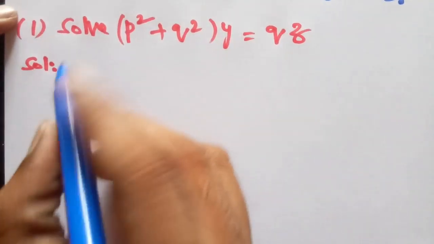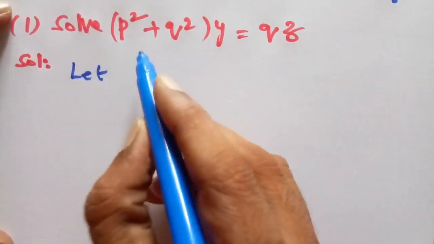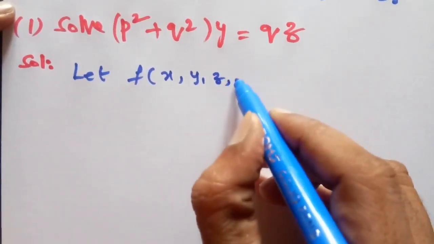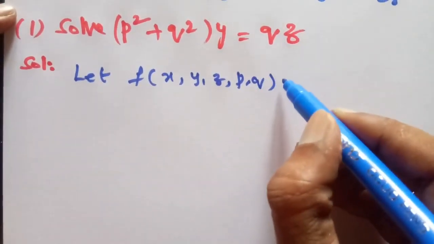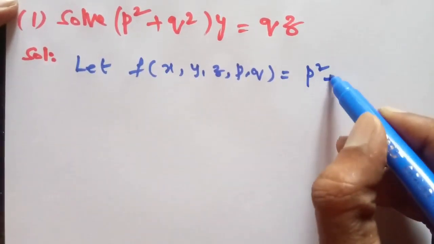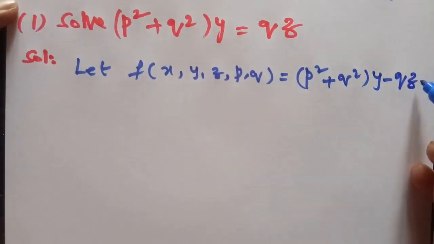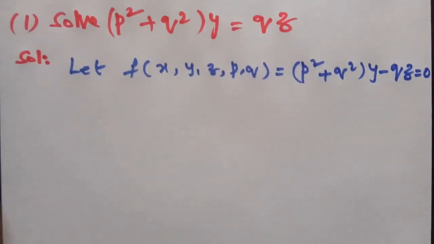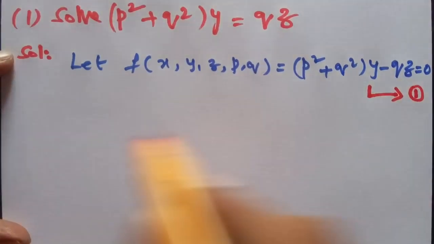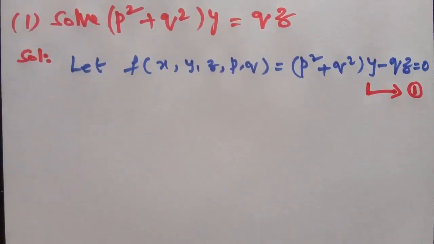Let f of x, y, z, p, q is equal to p square plus q square into y minus qz is equal to 0. Say this is equation number 1, and write down the subsidiary equations as explained above.